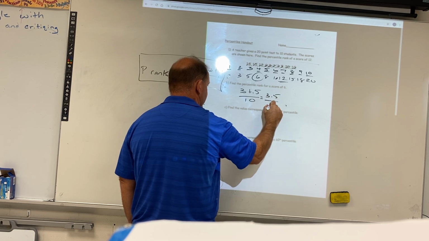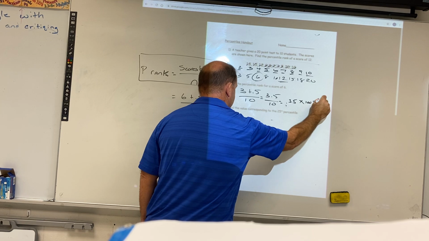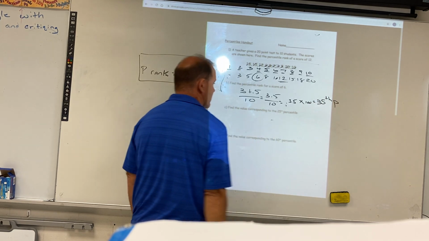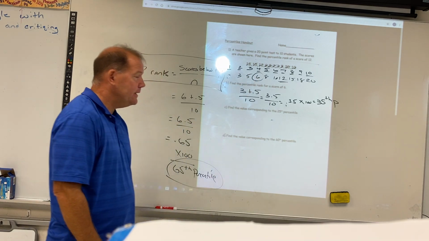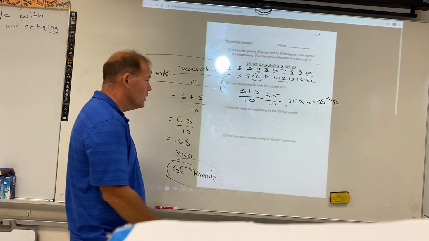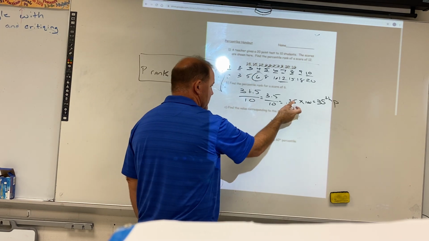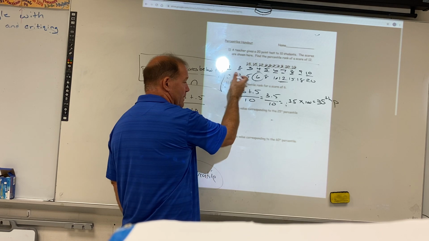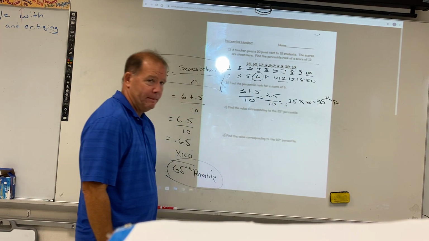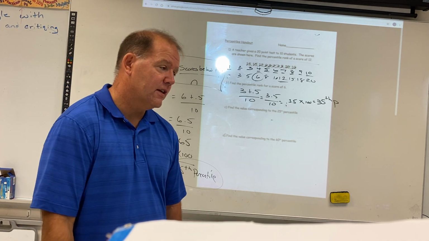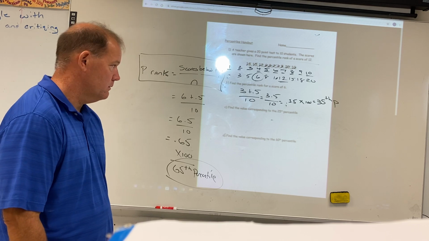So 3.5 divided by 10 is 0.35, which represents the 35th percentile. Thinking about that logically, that makes sense. A score of 6 is in the lower end, so only 35% of the people are going to do worse than that score, 65% are going to do better. So that's the first thing we have to do with a percentile, be able to find its rank.